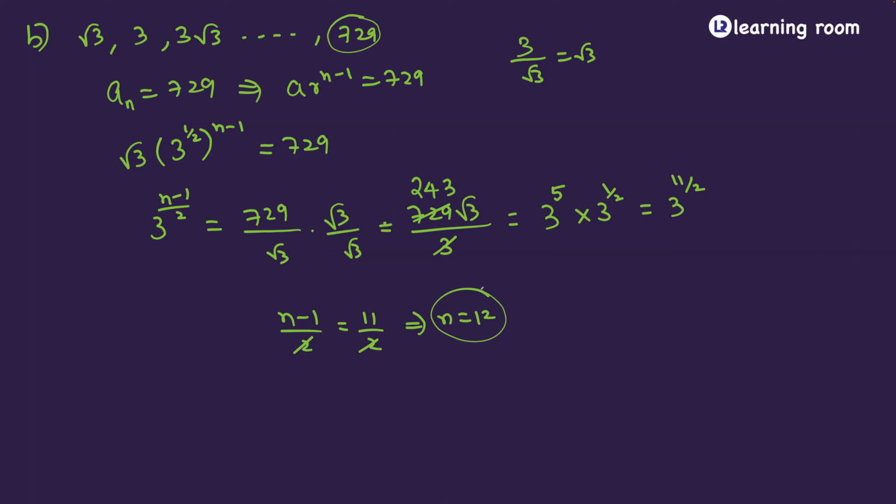The third one, you people try. You know the process now. They have removed arithmetic progressions.